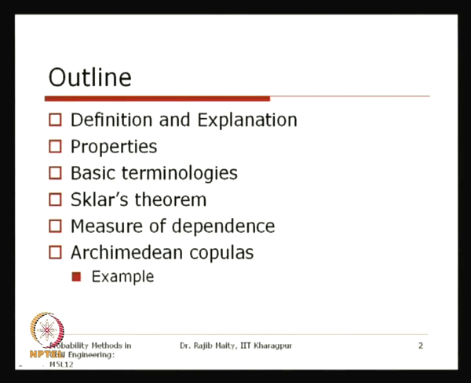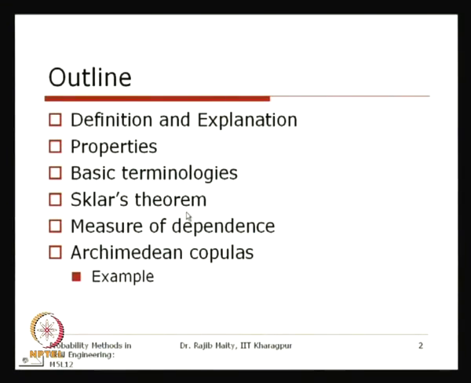As you know, when we are transforming from the one dimensional to the multidimensional cases, the meaning of the basic terminologies should also be extended to the higher dimension. So, regarding that we discussed some more terminologies, for example, grounded, the edge volume and the two increasing function. Those are the properties that should be satisfied by a function before we can declare it to be a copula.